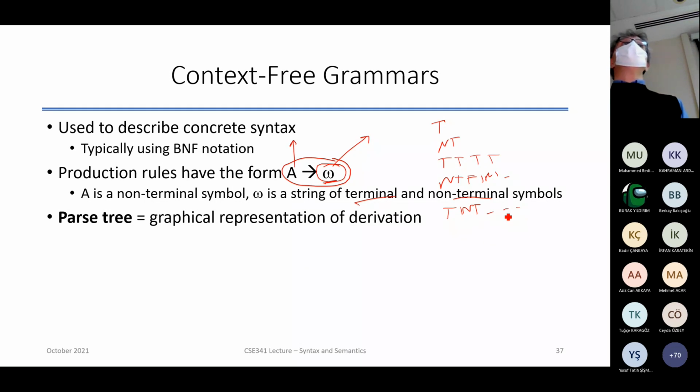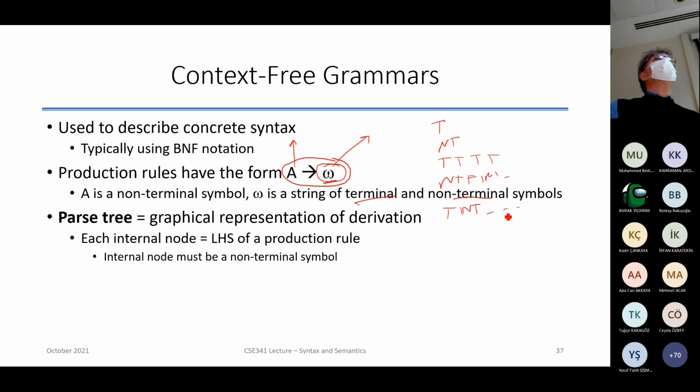Or the other way around, if someone is giving me a sentence, I'm going to check if this sentence can be generated by this particular context-free grammar. And to do that, we are going to use the concept of parse trees. A parse tree is a graphical representation of derivation using the production rules, starting from the start symbol. And I want to end up at the leaves.